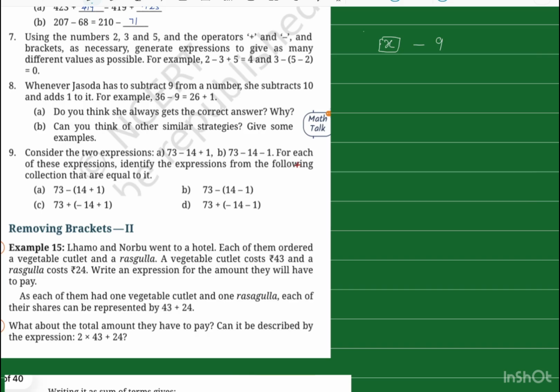She does the calculation as follows: she subtracts 10 from the number and then adds 1, that is x minus 10 plus 1, which is equal to x minus 9. So the answer will be correct.